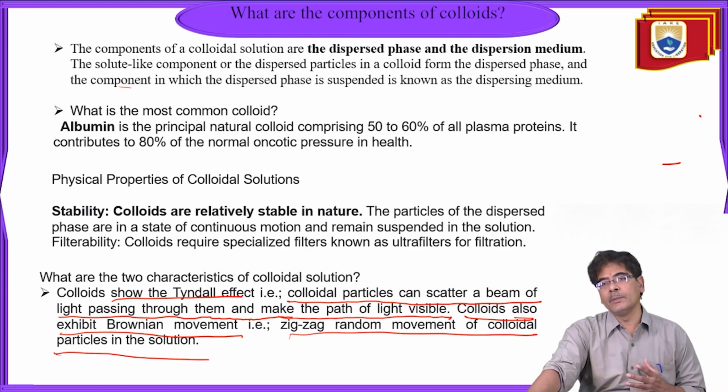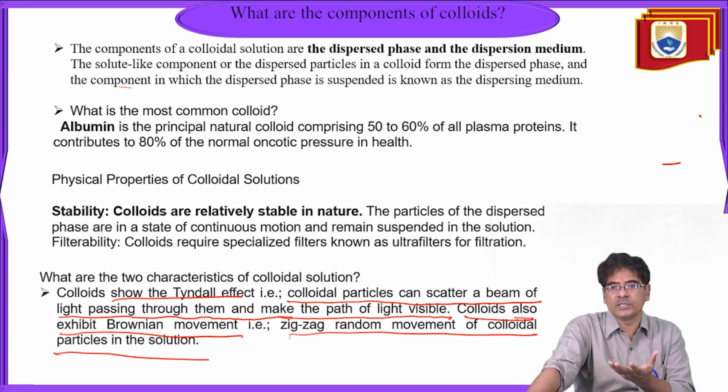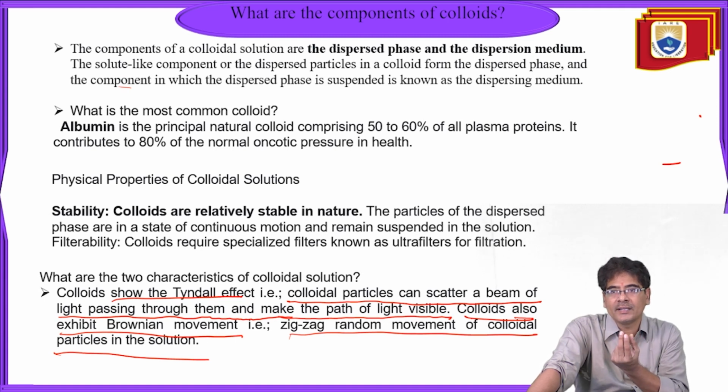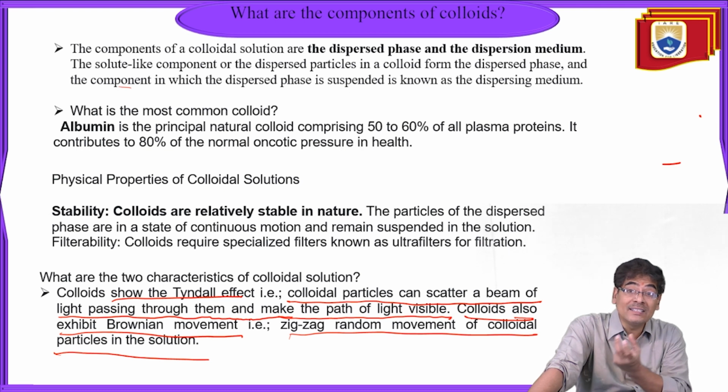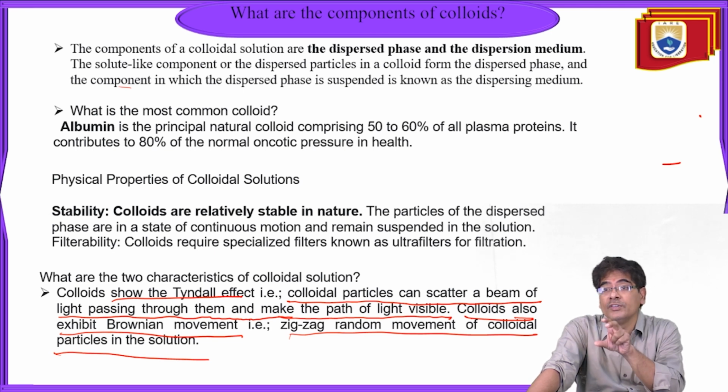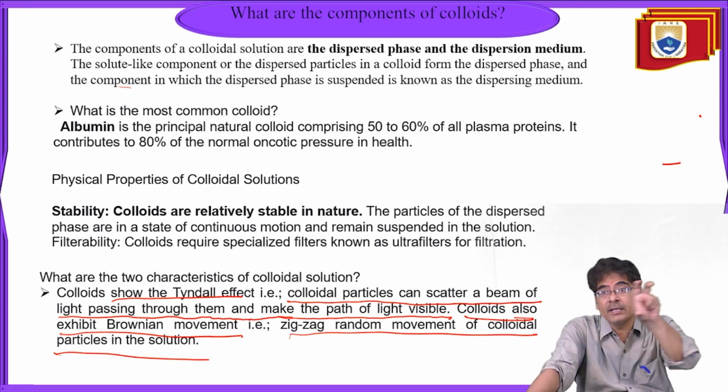So colloids show the Tyndall effect, and Brownian motion is the zigzag motion. Colloidal particles can scatter a beam of light passing through them and make the path of light visible.